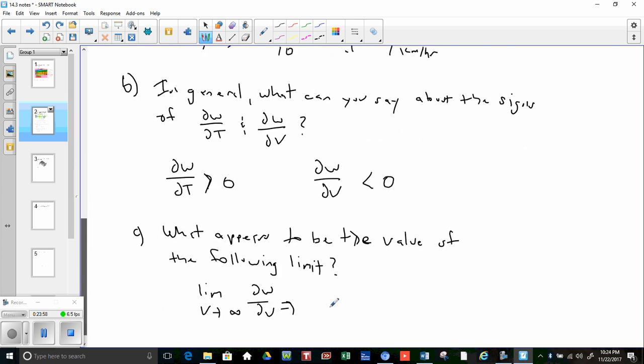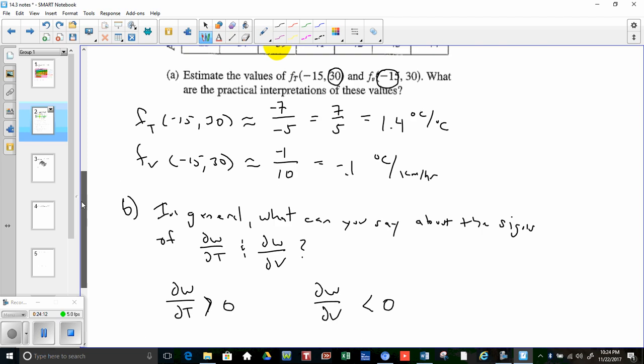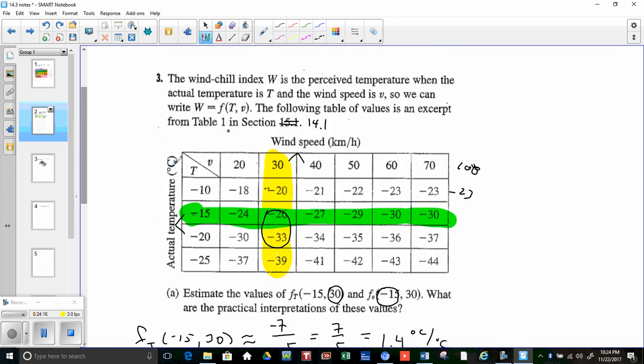So this is going to start to approach 0. The change of the wind chill as velocity changes is going to be basically nothing. The wind speed is going to have no effect as it gets really, really far out here.